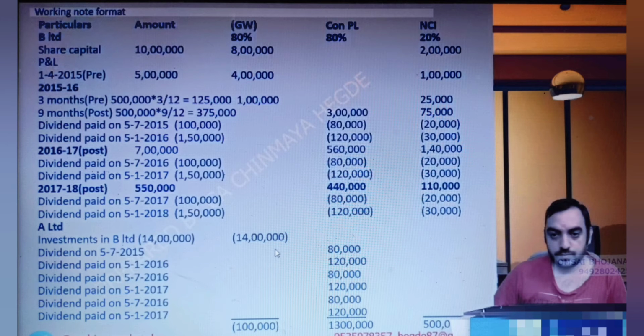Now, based on these calculations, what are all the profits we have got? What are all the amounts we have got? Let's just break it up.